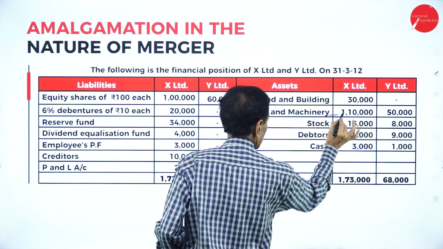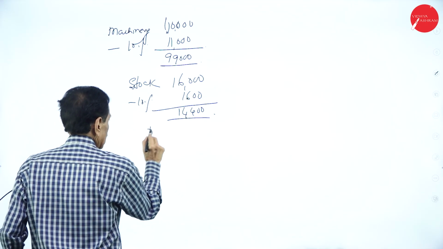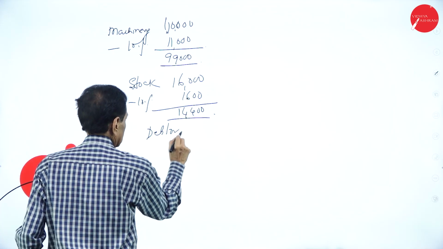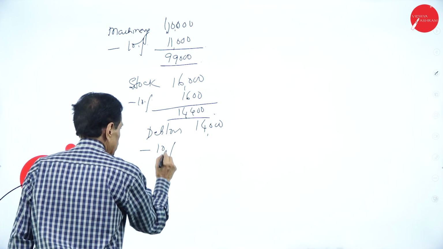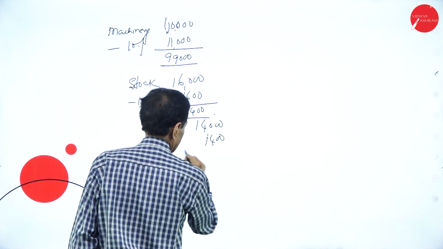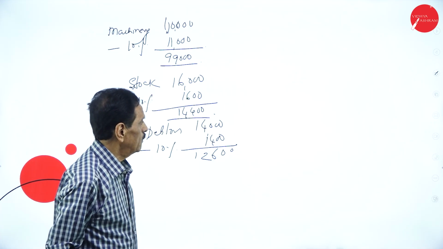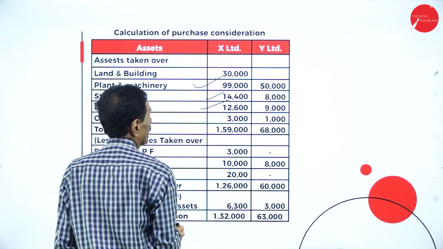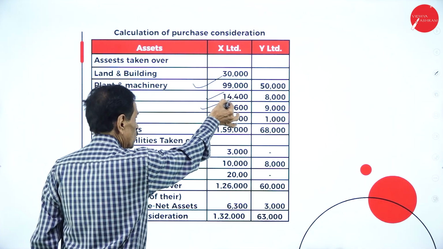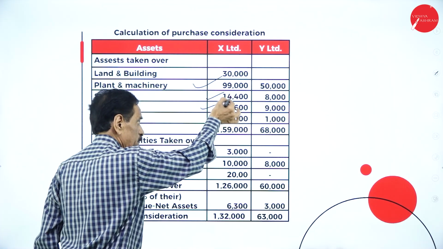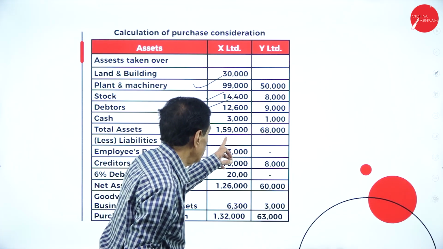Machinery over, stock over, then debtors 14,000, minus 10% less, 1,400. 12,600 is the value. Cash remains the same. So building same value, machinery 10% less, stock 10% less, debtors 10% less, cash remains the same. If you add these figures, it will come to 1,59,000.